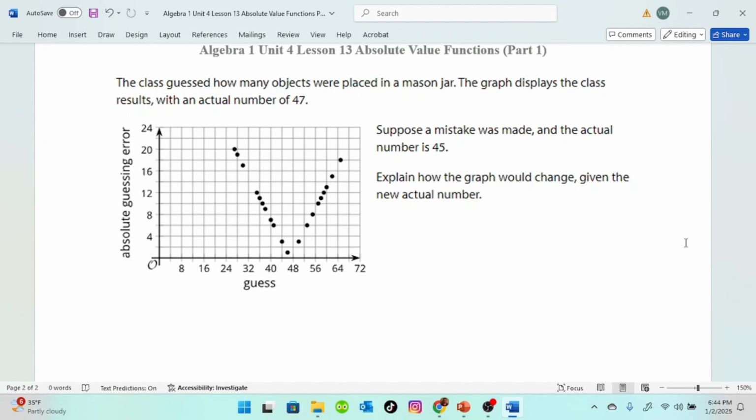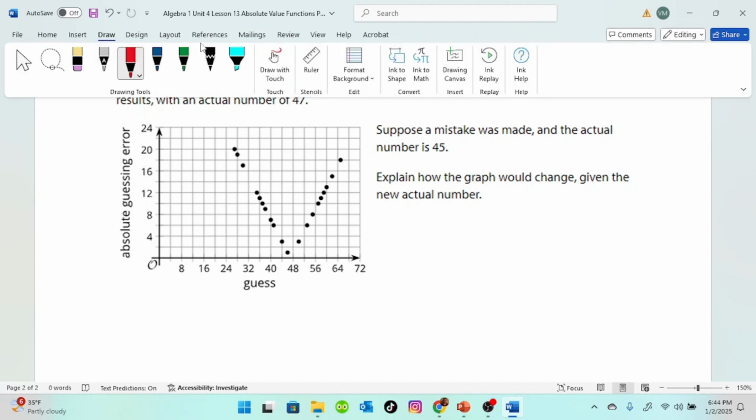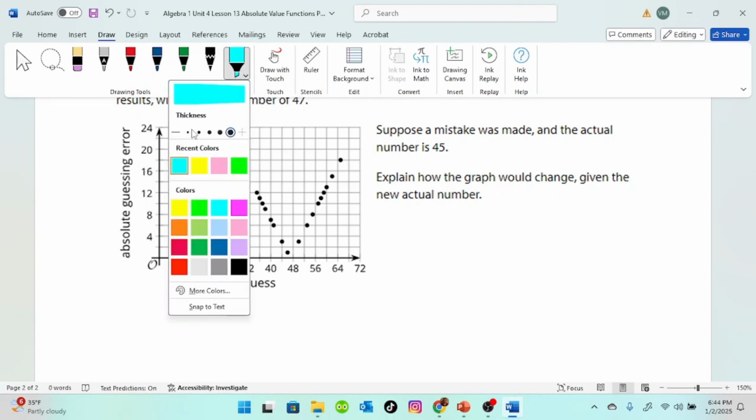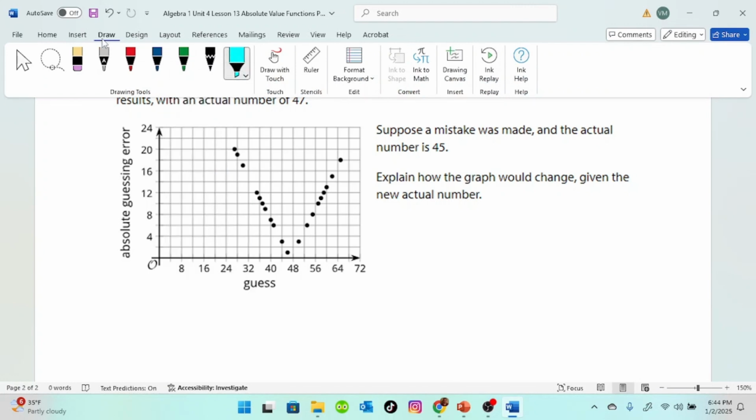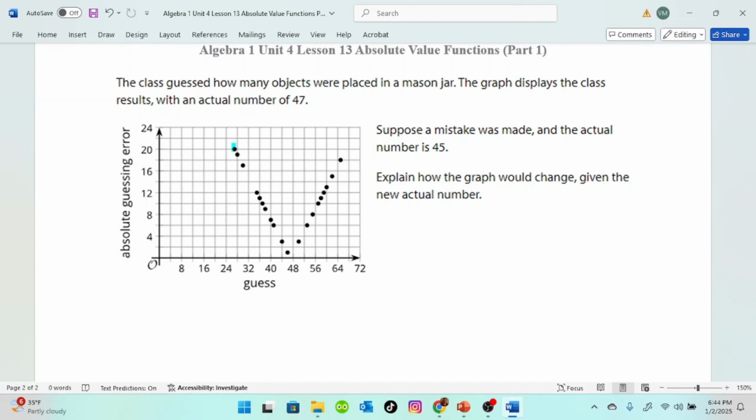So the first thing I want to point out is this V shape that we see happen. Absolute value functions will always form a V shape centered at the correct answer.